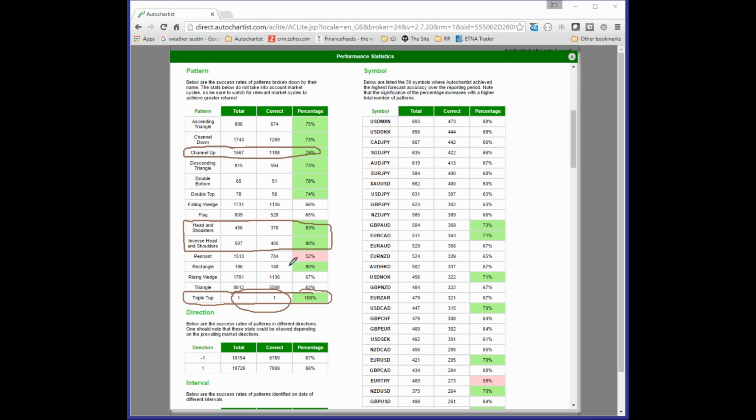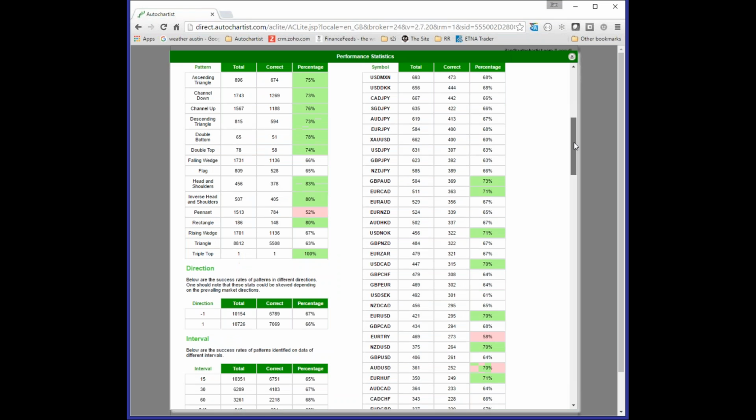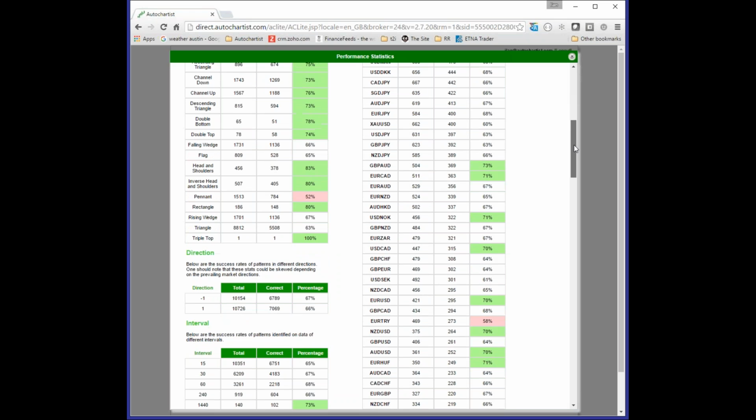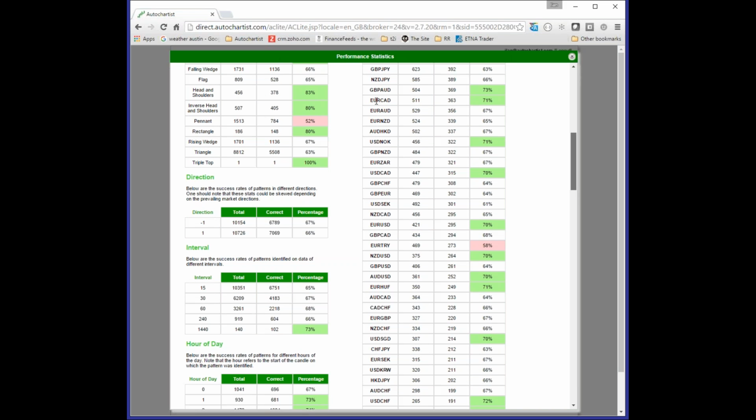So some of the interesting ones that you can see over here, we've got percentages, some of the things you can look at. The other thing I want to show you is some of the actual instruments that we've been doing well at. So if you see the instrument list on the right-hand side, GBP AUD we're doing really well at, Euro CAD, USD NOK, that's an exotic, Euro USD, well now that's interesting, 70% accuracy for the last 6 months.